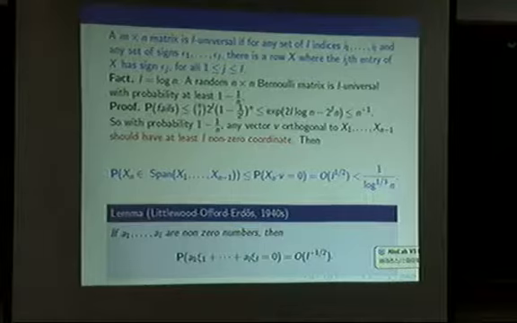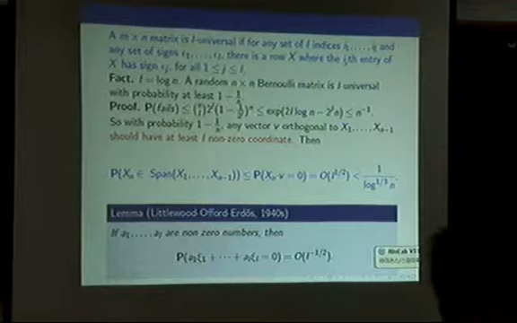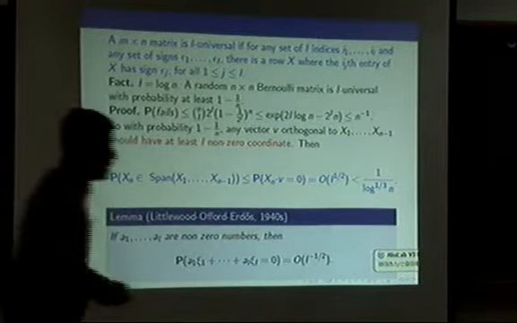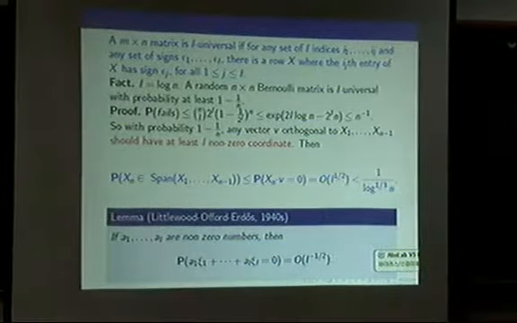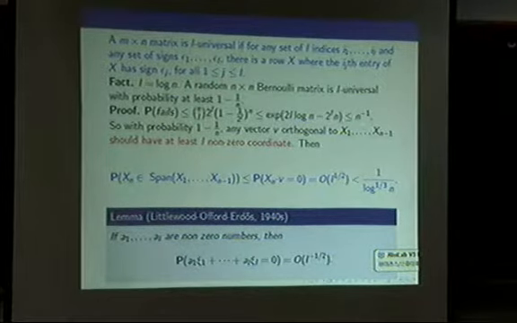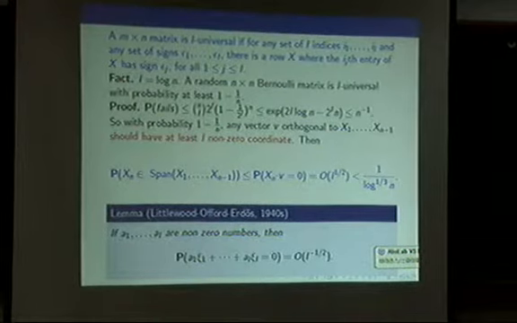On the other hand, it has to fail for all n rows, so I have that probability raised to the n. Now you do the math, you take L to be a small number like log n, and this will be very small, less than 1 over n, because the last term dominates when you raise this to the power n, which is very important.